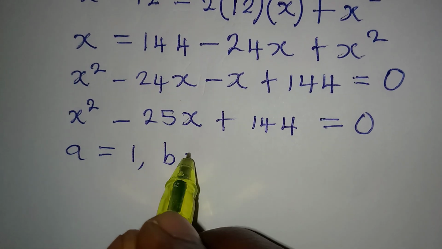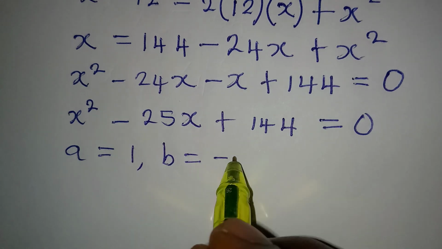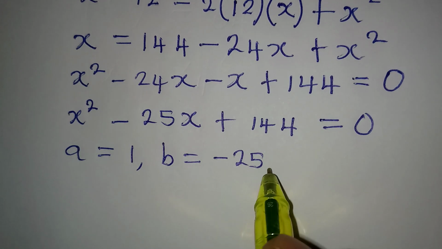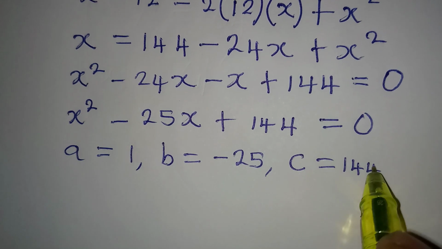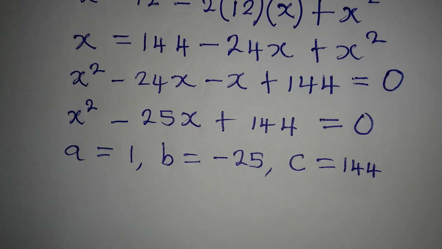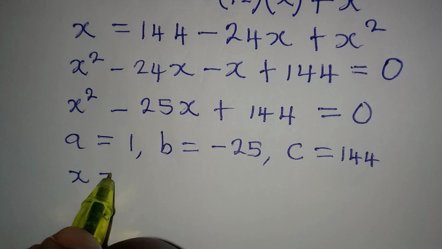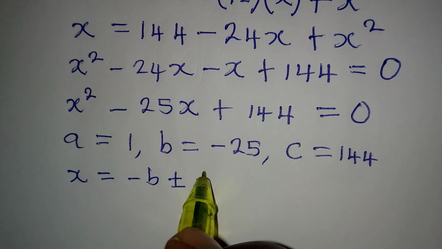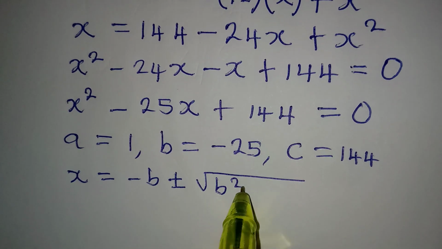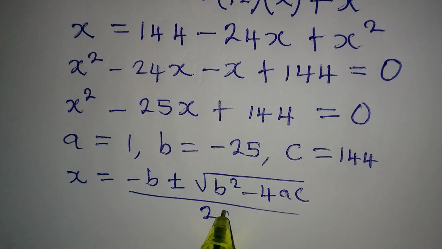And our b is the coefficient of x, and it's minus 25. And then our c is equal to 144. Is that okay? So the formula is x equal to minus b plus or minus square root of b squared minus 4ac, and this is over 2a.